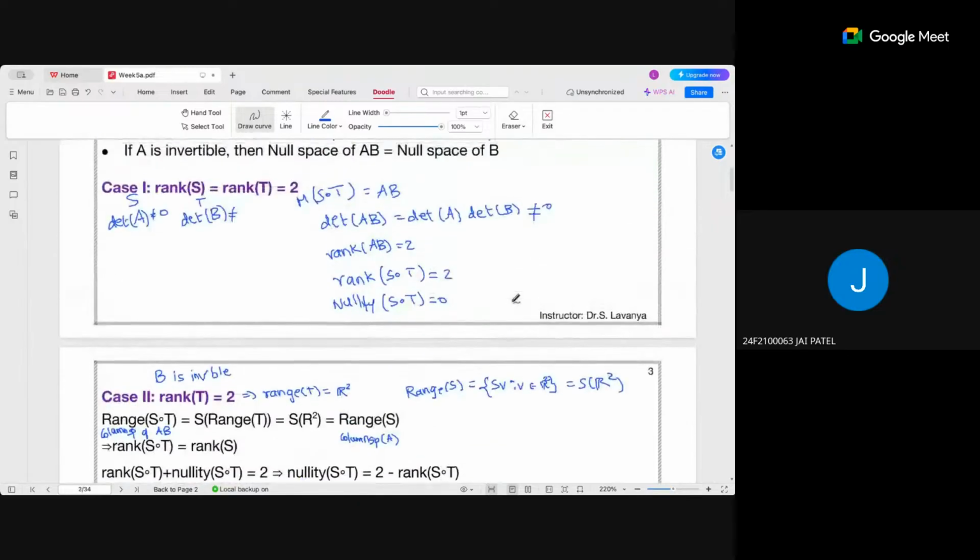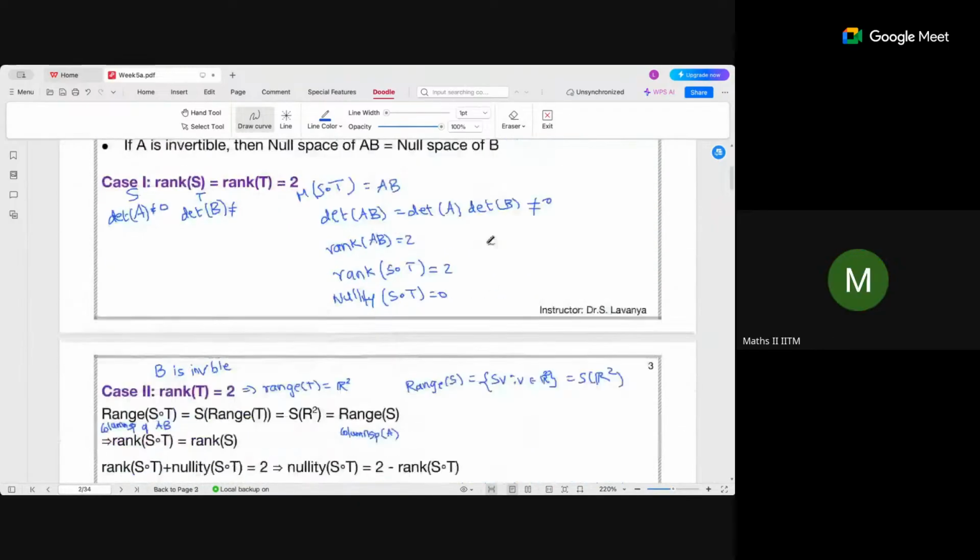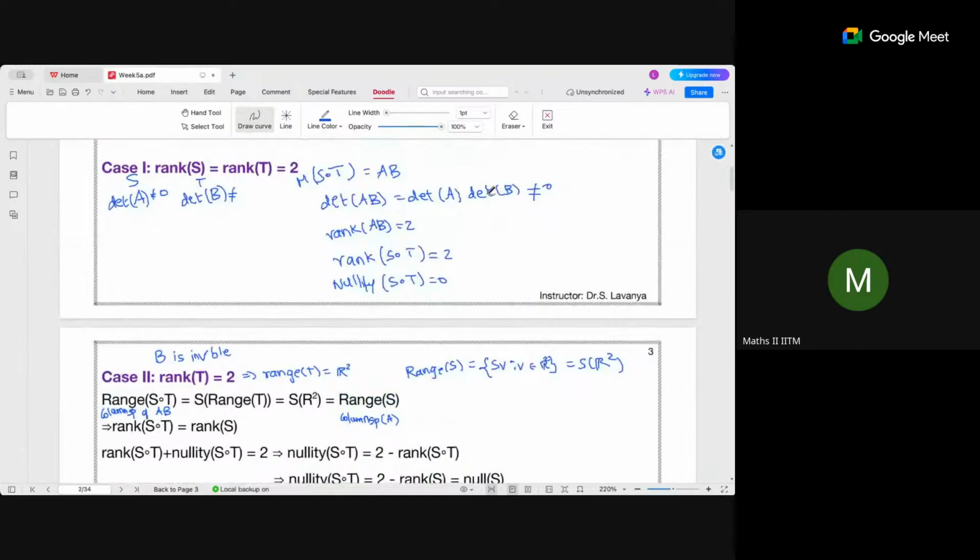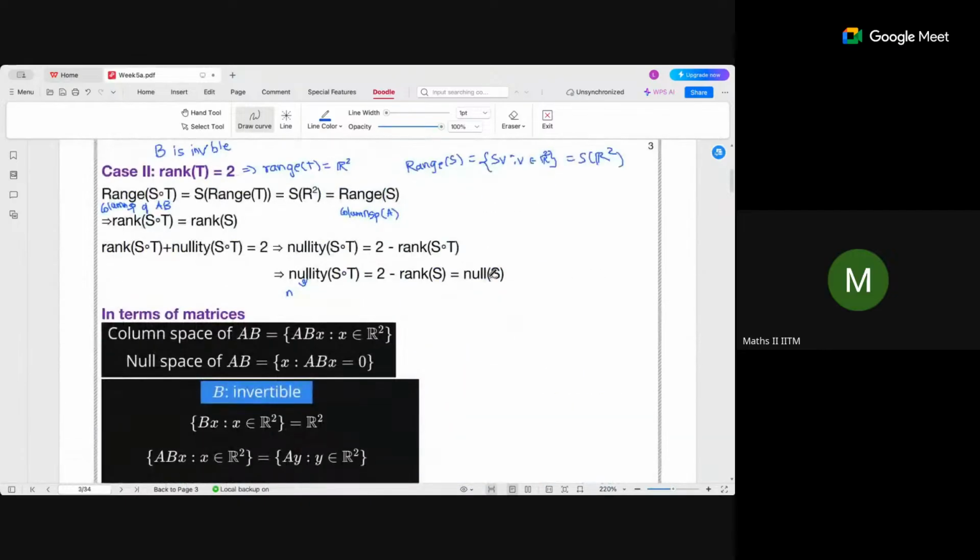But here there is a catch. Here it is given as B. Here they are talking about nullity. Whenever we are talking, here it is nullity actually, not null space of S. So we are talking about the dimensions. Just because the dimensions are same, the underlying spaces need not be equal. Please keep that in mind.